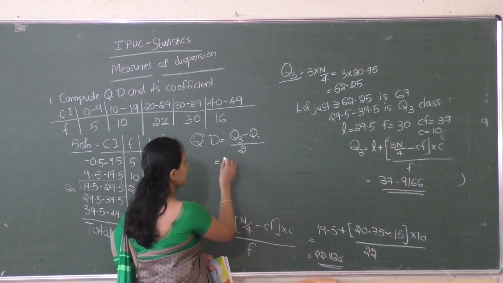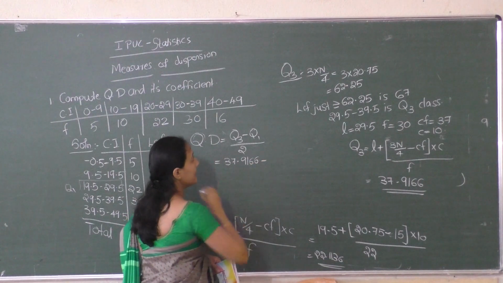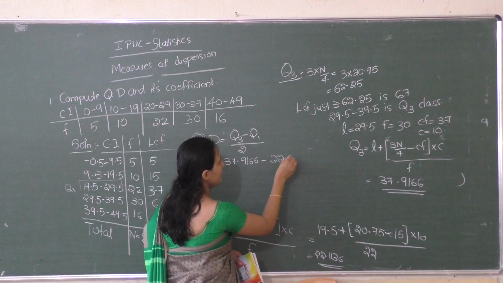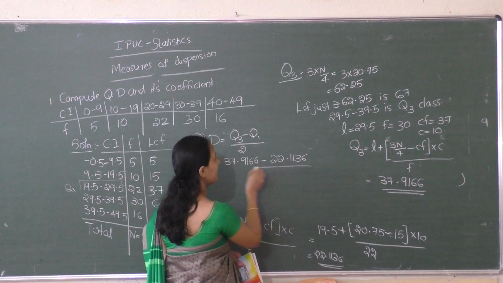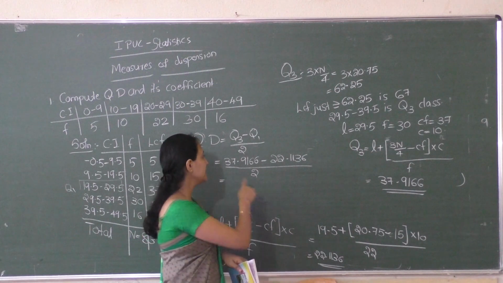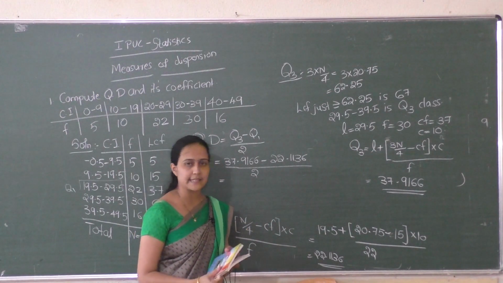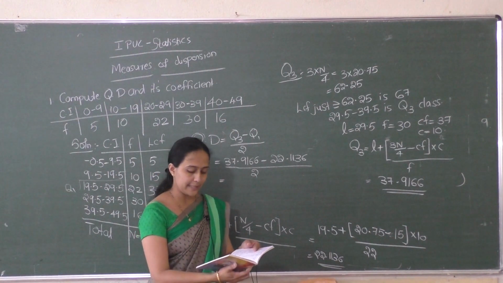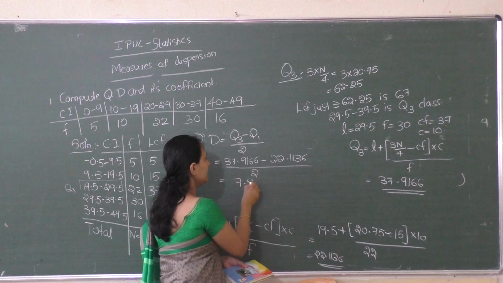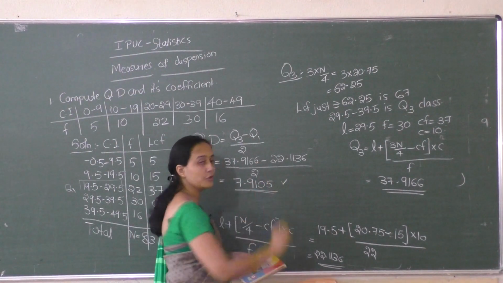Q3 is 37.9166 minus Q1, Q1 is 22.1136, divided by 2. First you have to find 37.9166 minus 22.1136, you will get one answer, divided by 2. Answer is 7.9015. This is our QD.